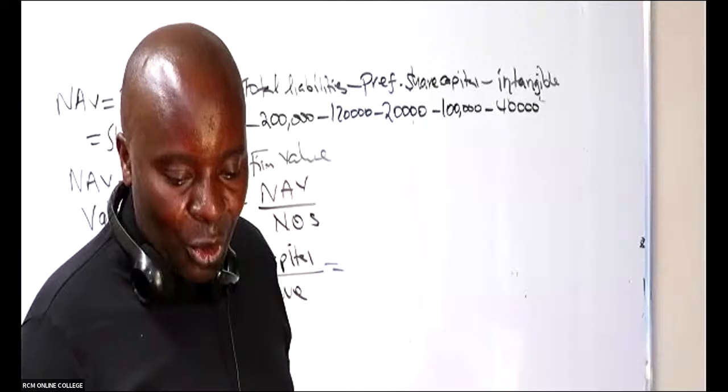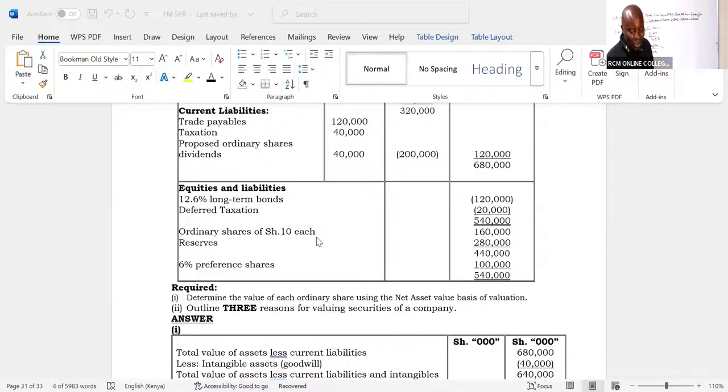If you look at the balance sheet we are given, it has ordinary shares of 10 each. The 10 is the par value. Ordinary share capital is 160,000. So 160,000 divided by 10 gives me 16,000 shares.